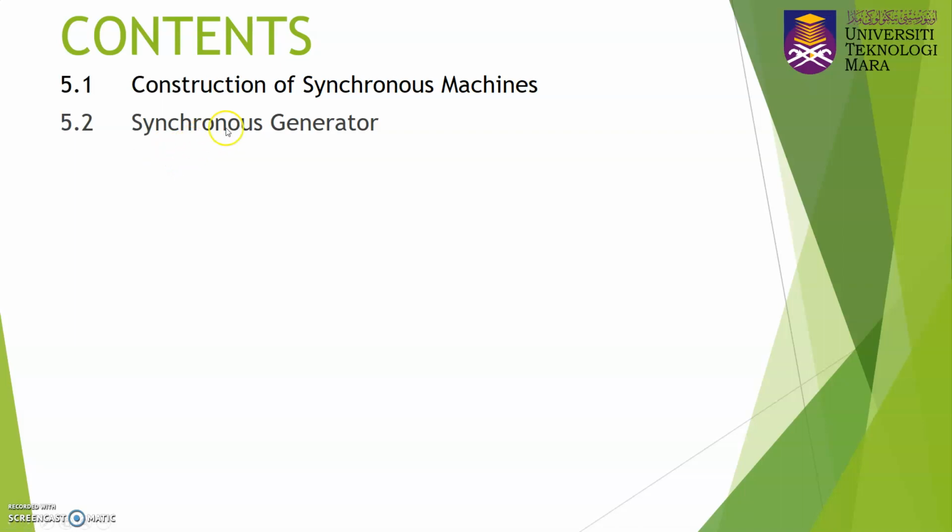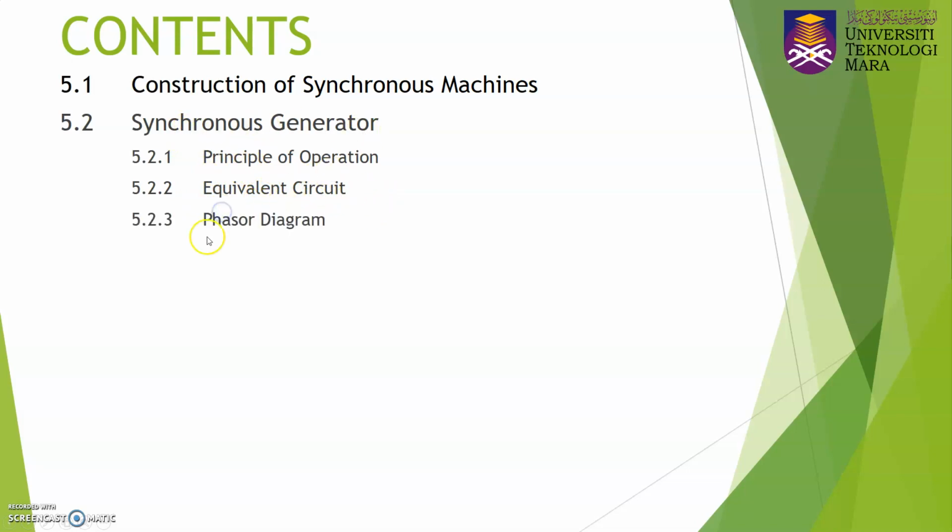As far as you know, the synchronous machine can be either a synchronous generator or a synchronous motor. For the synchronous generator, we are going to see the principle of operation of the synchronous generator, and then the equivalent circuit model for the synchronous generator. Then we are going to see how to draw the phasor diagram for the synchronous generator.